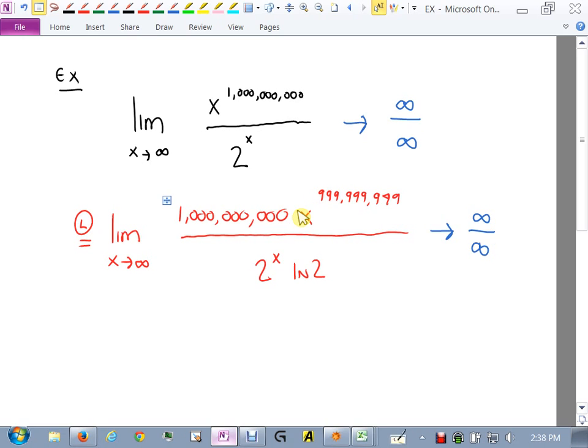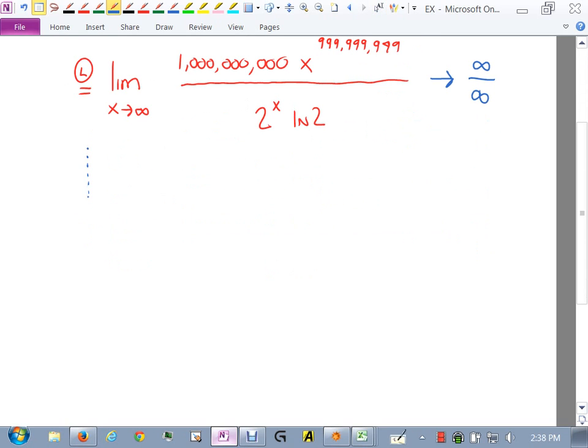Because the power keeps coming down. Eventually it'll be x to the first power, and the next time I take the derivative of x, it's 1. Then the top will just be a constant, and the bottom will be 2 to the x with a bunch of natural log 2's. So you'll have a fixed number over infinity, which goes to 0.